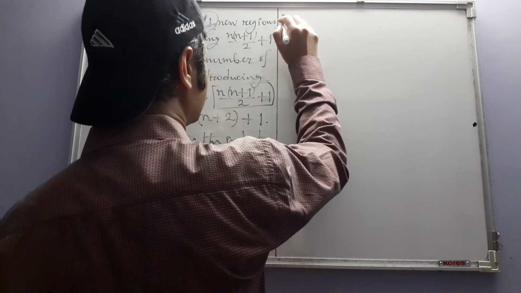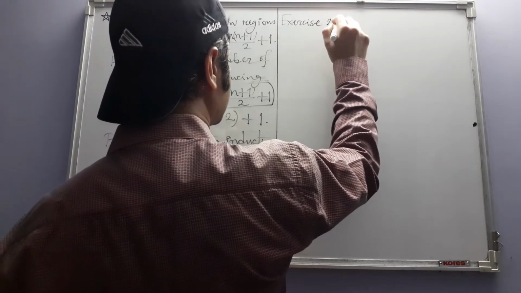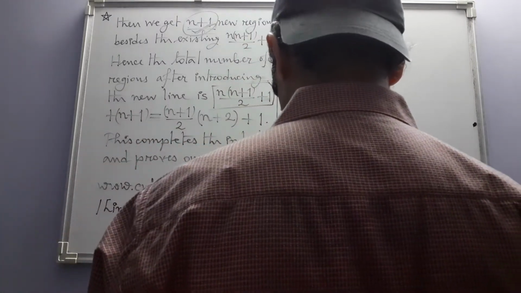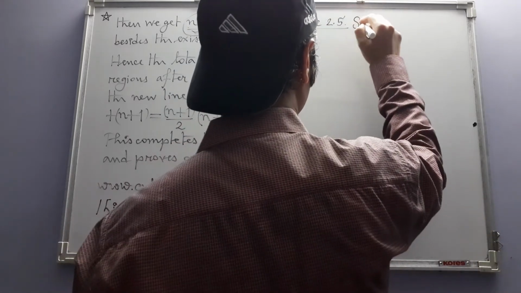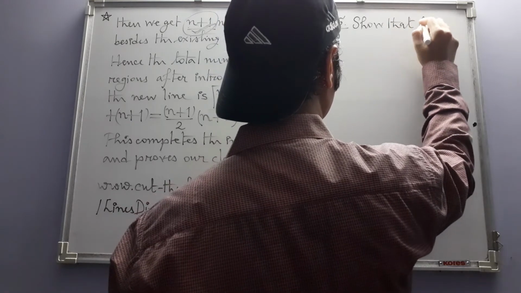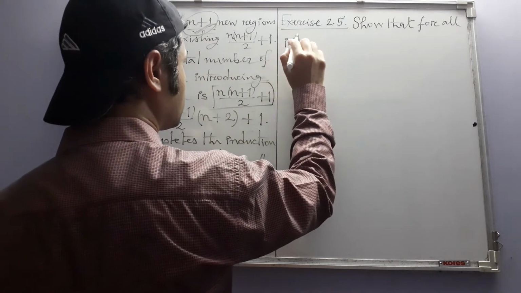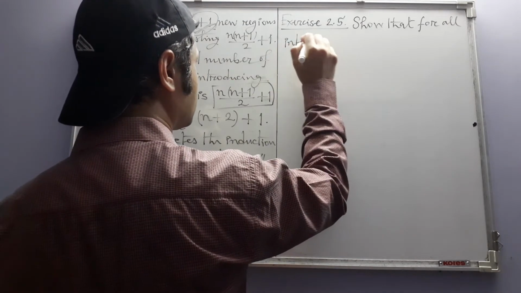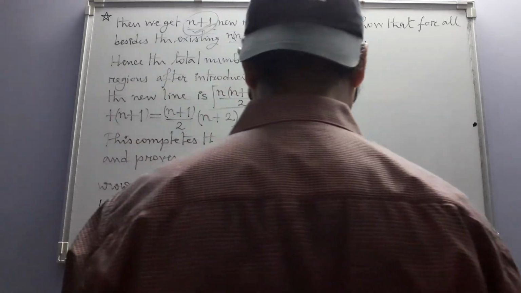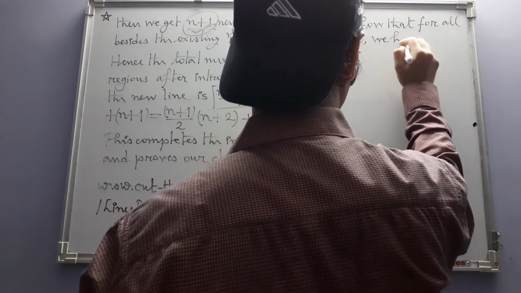The next one, exercise 2.25: show that for all integers n greater than or equal to 2, there are two parts to this exercise.